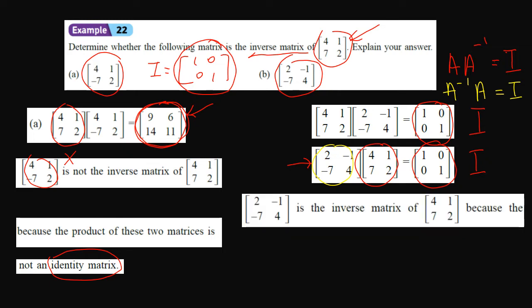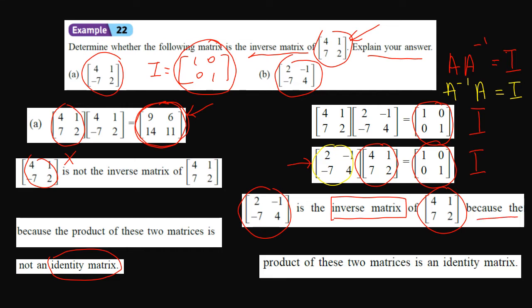So we can say that [2, -1; -7, 4] is the inverse matrix of [4, 1; 7, 2]. Why? Explain your answer. Because the product of these matrices is an identity matrix, this one. Okay, that is very easy.